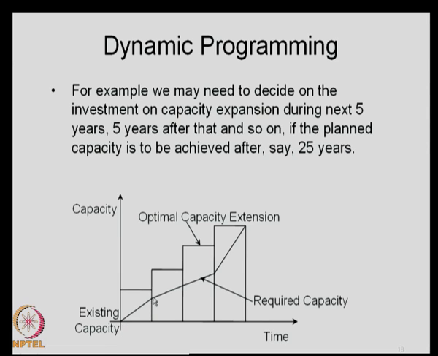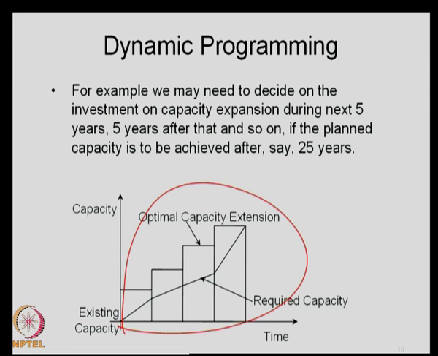Whether we should reach along this line or along this line. For example, I may provide a capacity much more than what is required here, much more than what is required here, much more than what is required here, etc., such that I come here, such that the total investment that we make across all of these time periods is a minimum.